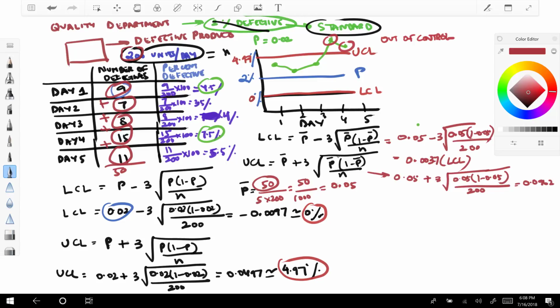So again we can plot our graph. So this is upper control limit. In terms of percent, it's 0.37%, and then this is 9.62%.